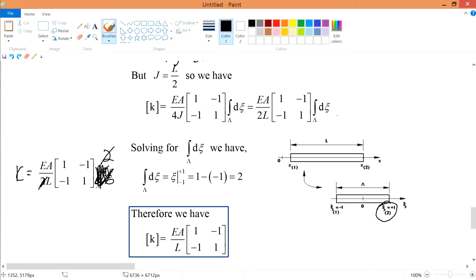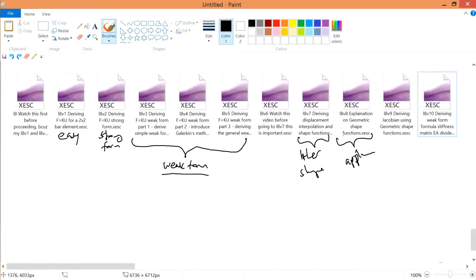If it's a 3D system, then it's a totally different case already. So we talk about the Jacobian. In this last video, we took the Jacobian. We also took some of the understanding of the shape functions, maybe not, we just took the Jacobian only, and mixed it together with your general equations.